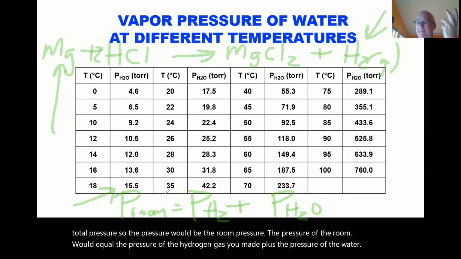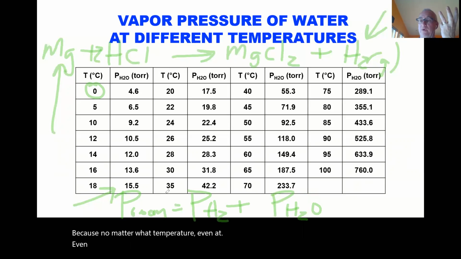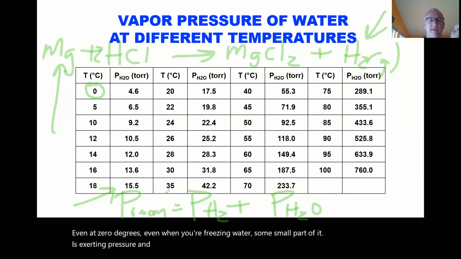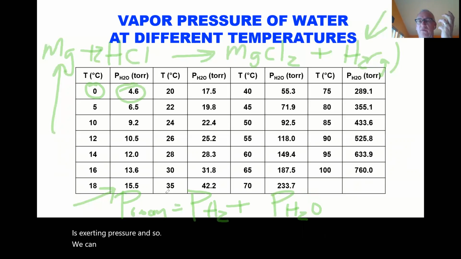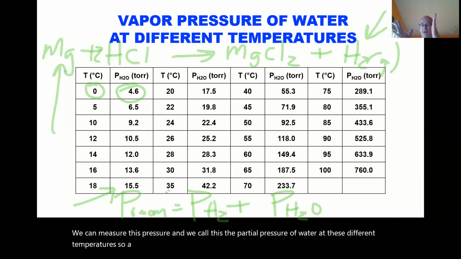Because no matter what temperature, even at 0 degrees, even when you're freezing water, some small part of it is exerting pressure. And we can measure this pressure, and we call this the partial pressure of water at these different temperatures. A partial pressure tells you, of the total pressure you're measuring, how much of it will be water.